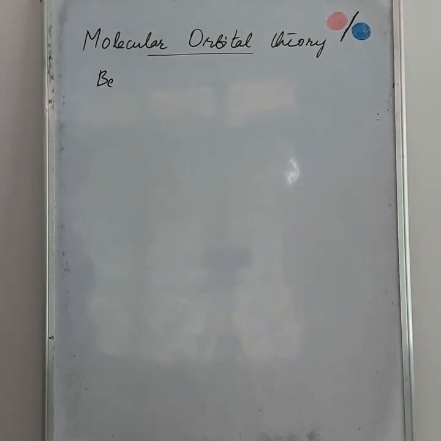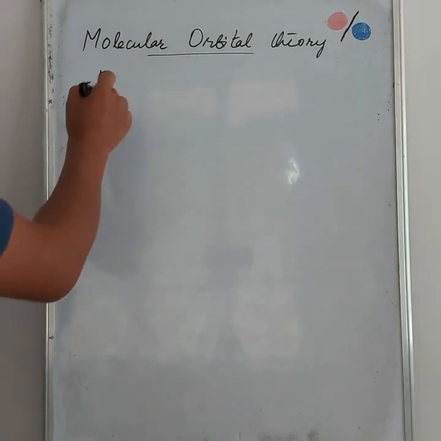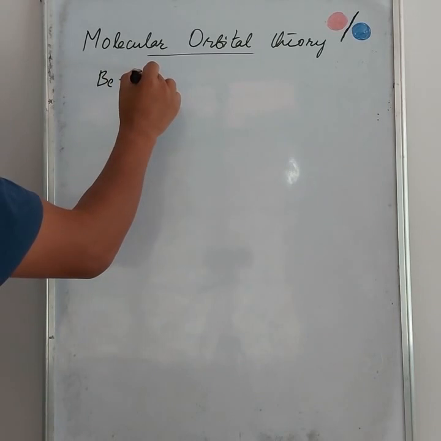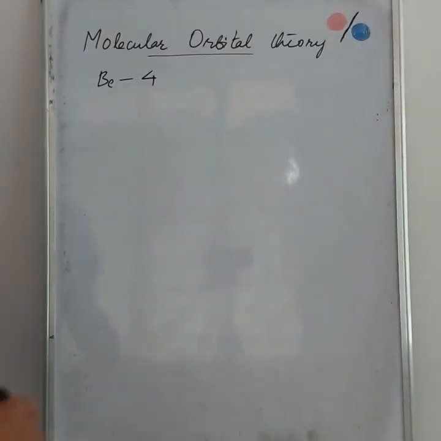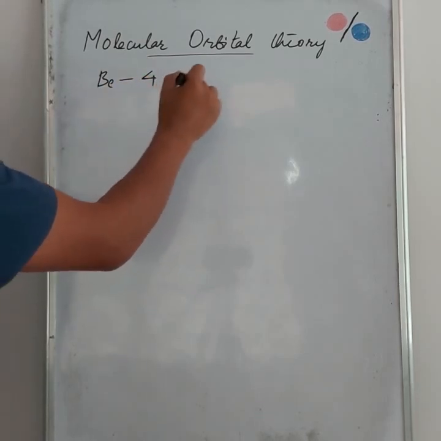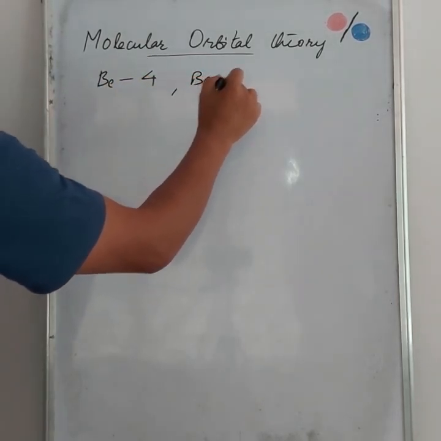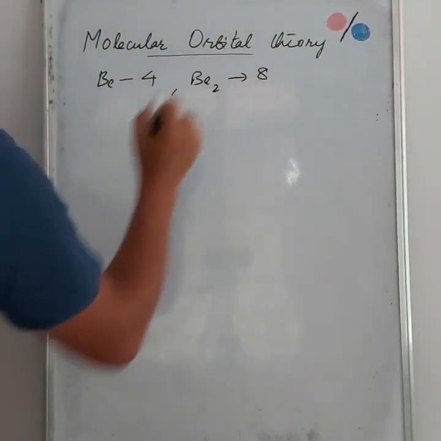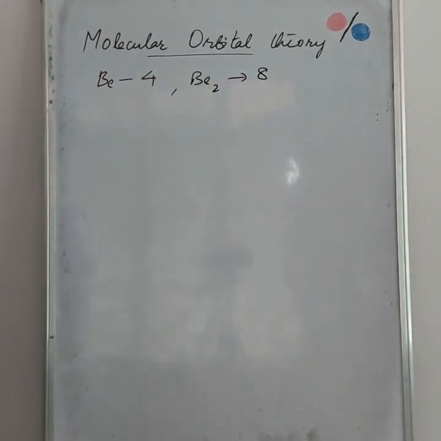Beryllium has atomic number 4, so it has 4 electrons. For the beryllium molecule, it will have 8 electrons. So how do we write the molecular electronic configuration?